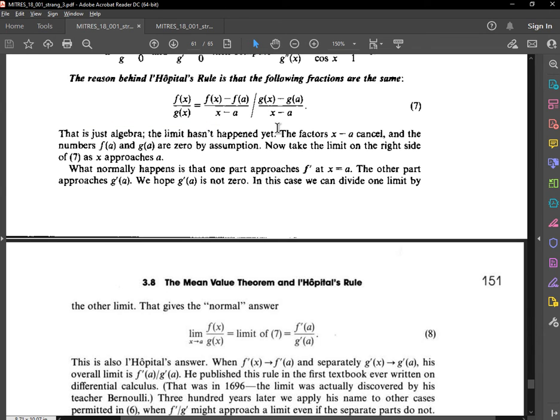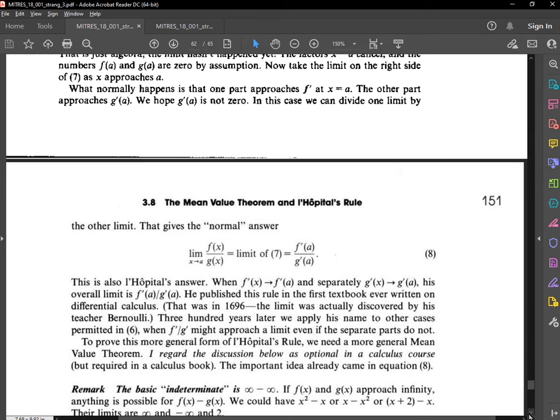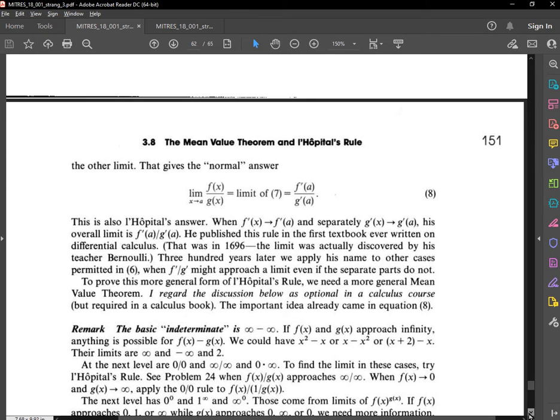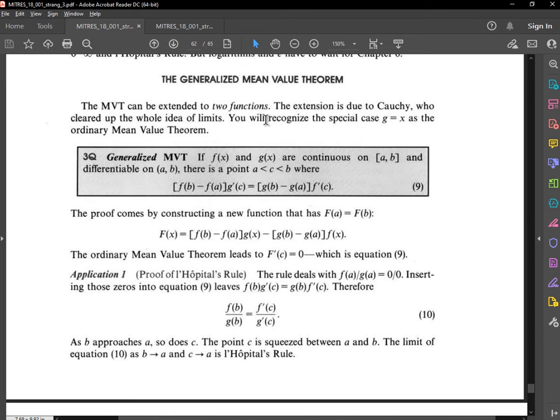The more general form, when the limit of this ratio is the same as the limit of the ratio of derivatives, takes the more general form of the mean value theorem to prove that. Before we had, so let me write this out and we can see what's going on here.